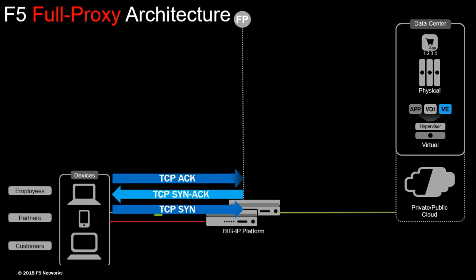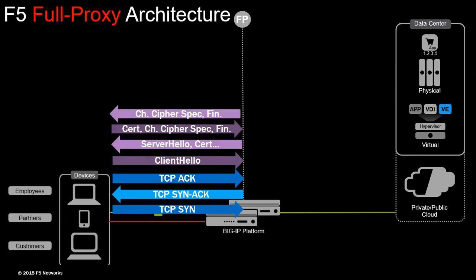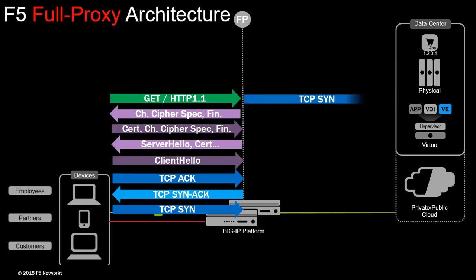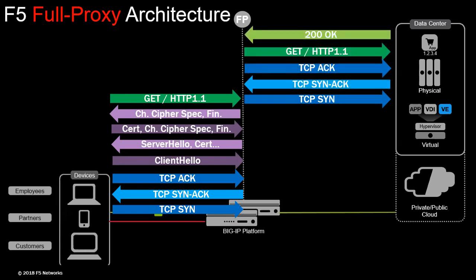So this three-way handshake is completed on F5 before you now have access to the web service that is being requested. So a connection is done first on the client side, and another connection is done on the server side, where the web servers are present, before the web server now responds back to the requesting client.